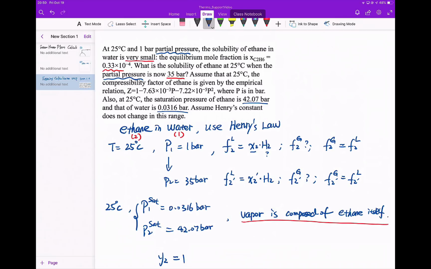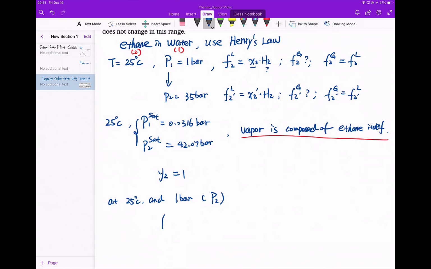Mainly coming from this P2, we can have the fugacity of component 2 in the vapor phase is y2 times P total, which is y2 times P2, is 1 times 1 bar, is 1 bar. This is my calculation of this component 2 at the initial condition.